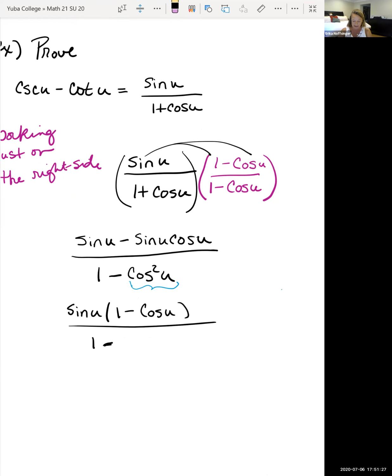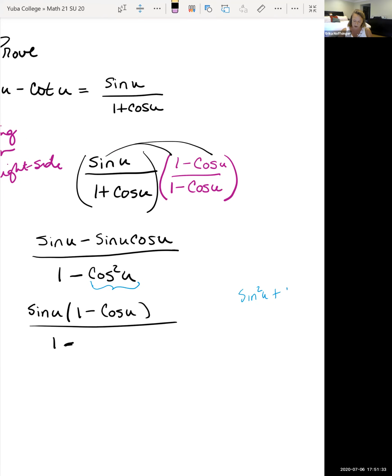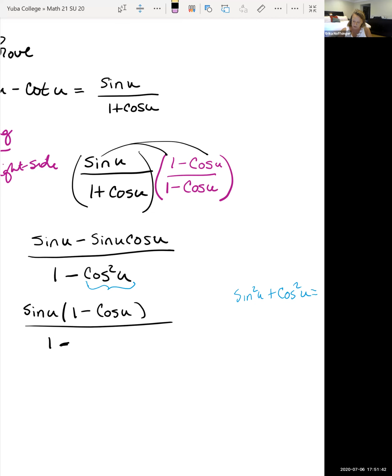But we know again that sine squared u plus cosine squared u, let me just write it over here, equals 1. So if I want to rewrite cosine squared u in terms of sine, I would subtract sine squared on both sides. So cosine squared u is equal to 1 minus sine squared u.